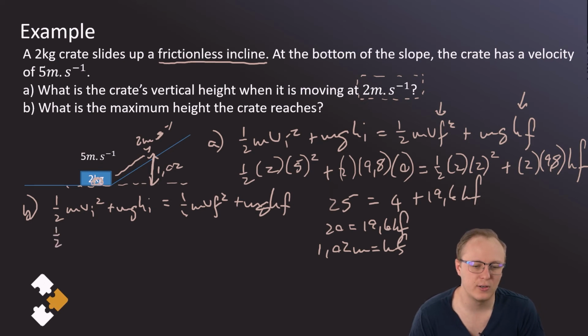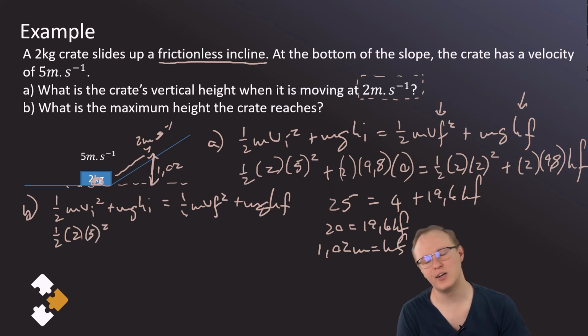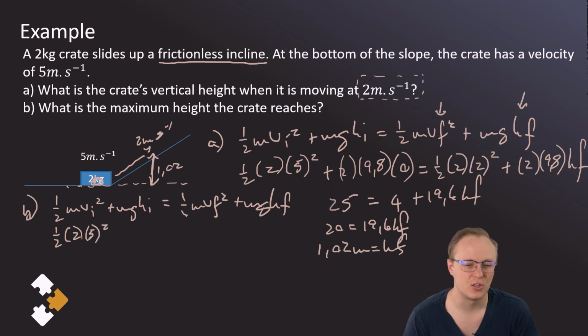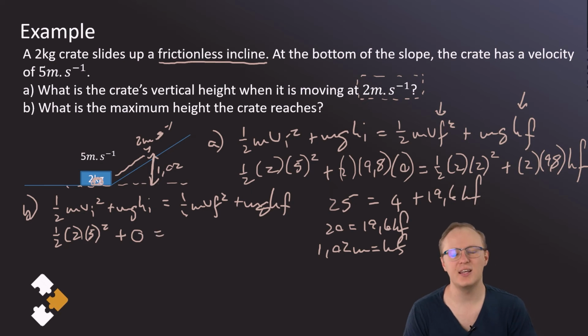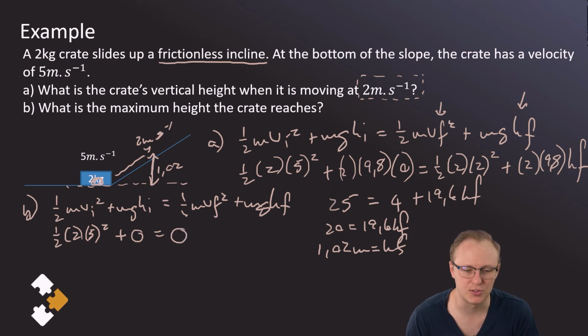Okay, and now the half m v_i squared, I'm just going to use the same point here. So it's going to be the half times the 2 times the 5 squared. And now here I know that the h_i is 0. So I know this whole term is going to be 0. So I'm just going to go plus 0. And then here I know that at the maximum height, the kinetic energy has to be 0. So for that half m v_f squared, I'm also just going to put 0.